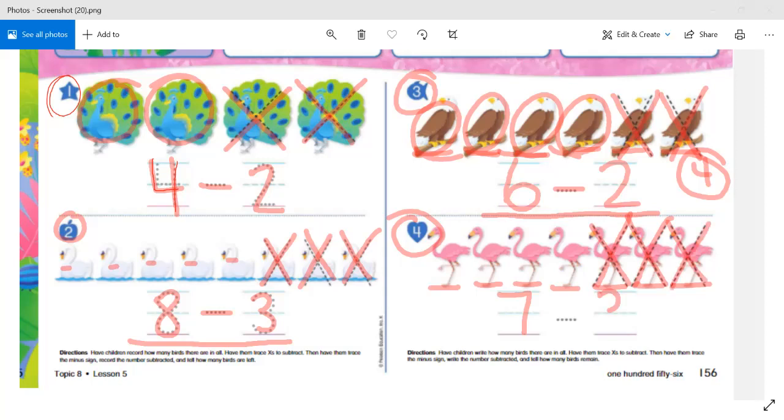And let's write down 3. They go away, so we're subtracting. 7 minus 3. We're taking 3 away. How many remain? 1, 2, 3, 4 flamingos remain. So 7 minus 3 is 4.